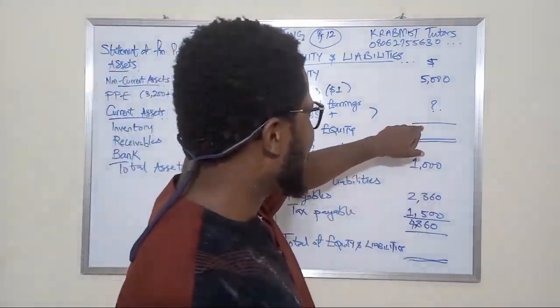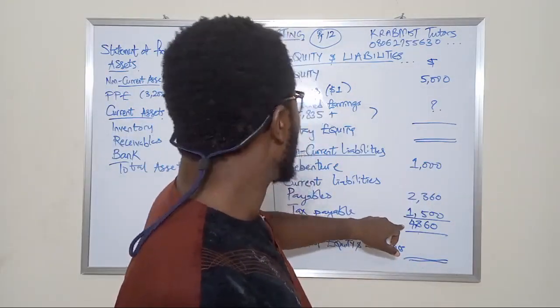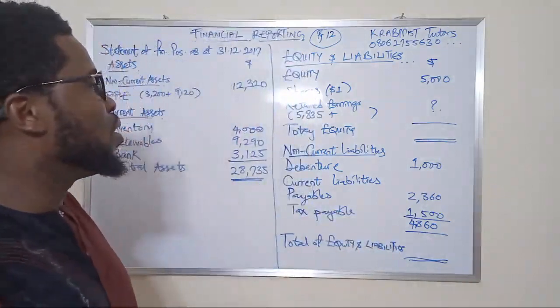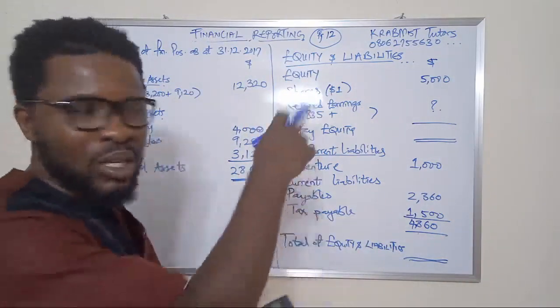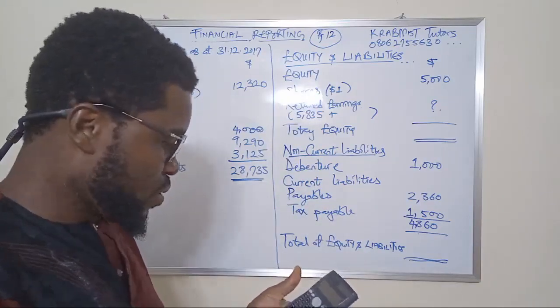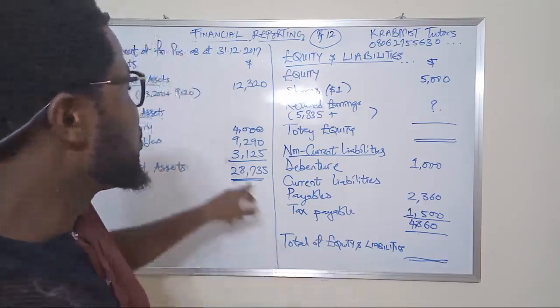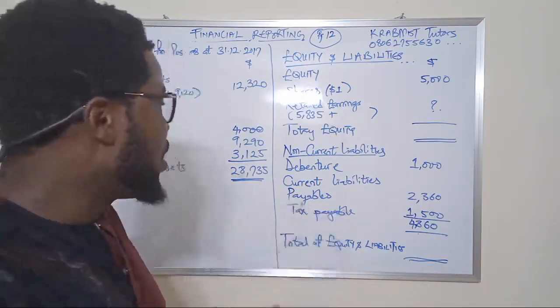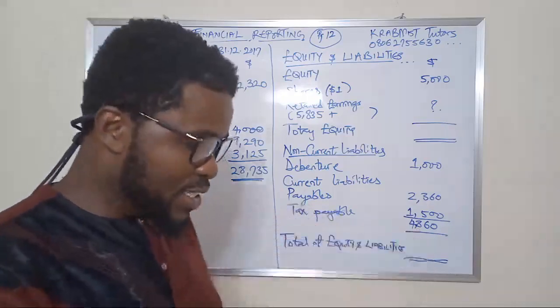Addition of this figure and this figure is supposed to be the same as this. So this is just what I will do. I will just do $28,735 minus 4,860.